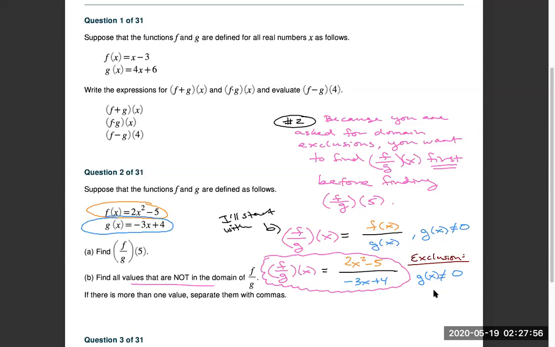The fastest way to solve this, go ahead and put g of x not equal to 0 so you know that those are the excluded values. Solve down for x, and the exclusions come from x cannot equal whatever rule.